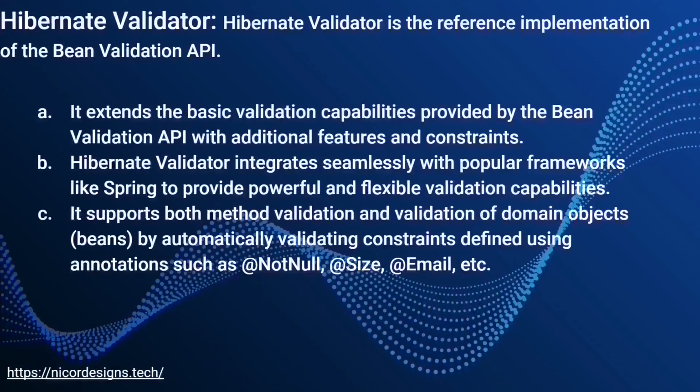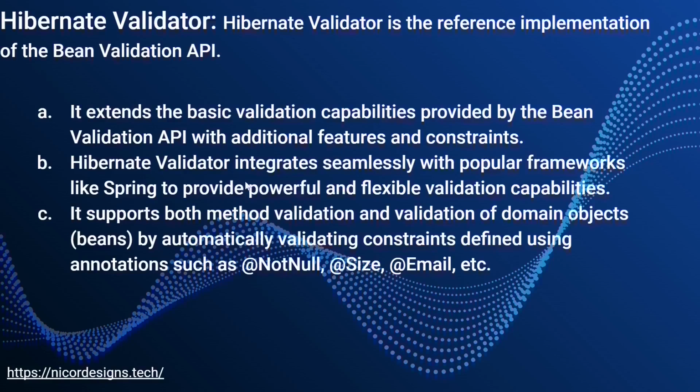The Hibernate Validator is the reference implementation of the Bean Validation API. It extends the basic validation capabilities provided by the Bean Validation API with additional features and constraints.